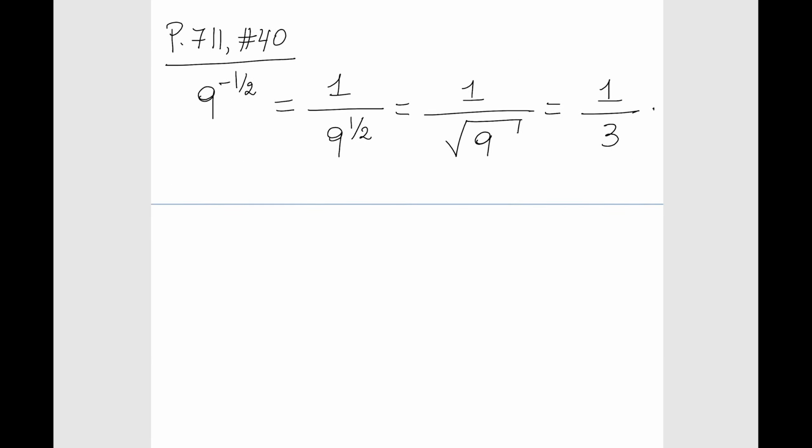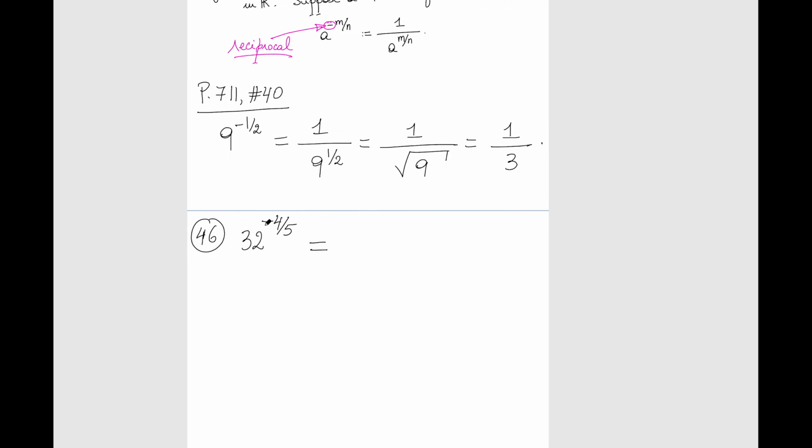Okay. Let's do another one. Let's do 46. Same question. We have 32 to the power minus 4 over 5. One more time, this minus means the reciprocal, right?